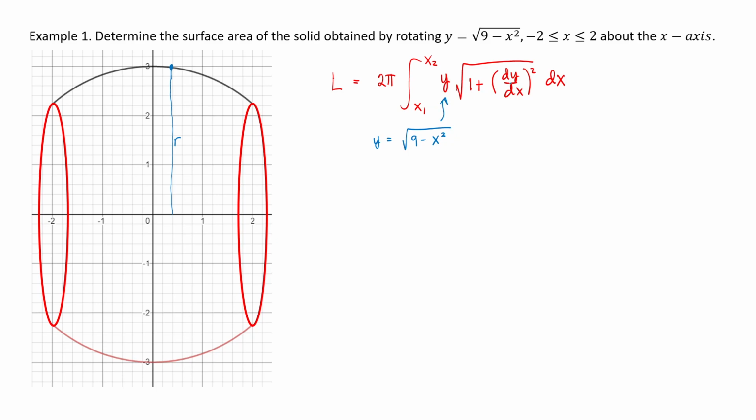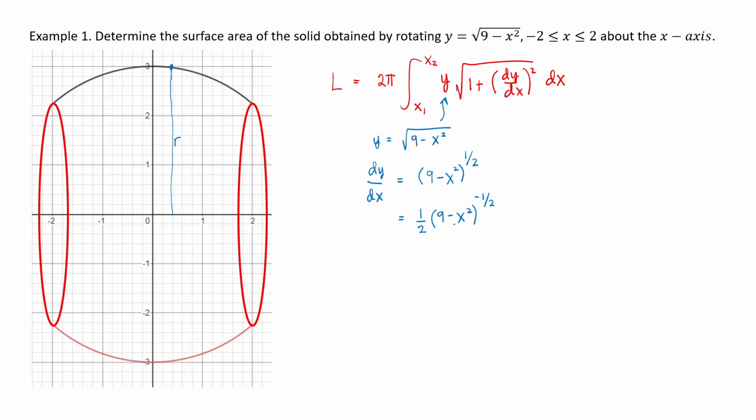Let's try to determine now the dy over dx. We're going to be differentiating square root of 9 minus x squared. In exponential form, that is 9 minus x squared to the power of 1/2. Getting the derivative, we're going to have 1/2 times 9 minus x squared to the power of negative 1/2.